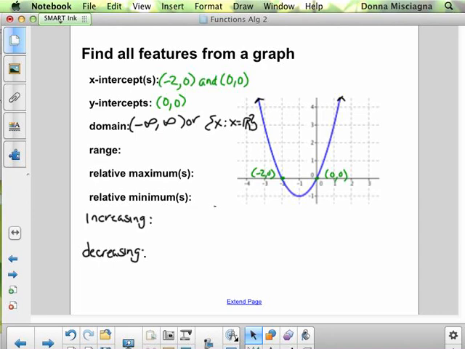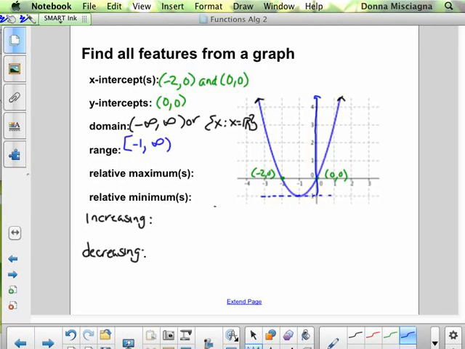The range, all right, so here's our lowest value. As we look across, the lowest value is at -1. Here's our y-axis. So our graph goes from -1, but it's got arrows, it's going to keep on going. So the range is, excuse me, not -infinity, it's pointing upwards. -1, and it does go through -1, so let's use a bracket, and then to infinity.